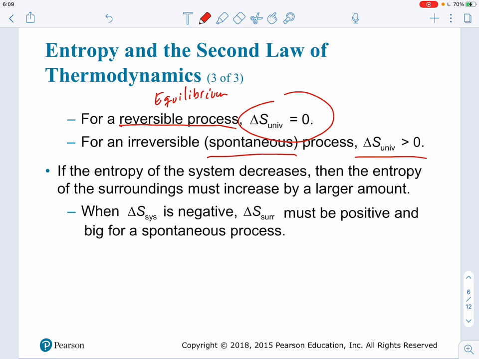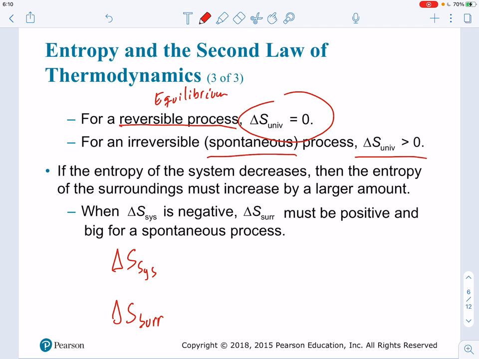So that's the main thing here. Spontaneity has to do with how many different ways you can dissipate energy for a given system. Now, we are focusing on the universe right now, but you can separate those entropies: the entropy of the system and the entropy of the surroundings.